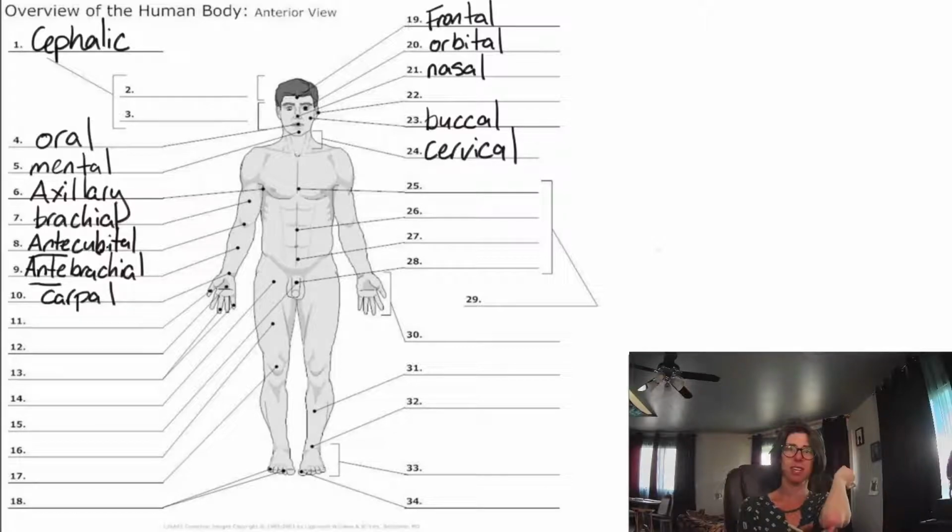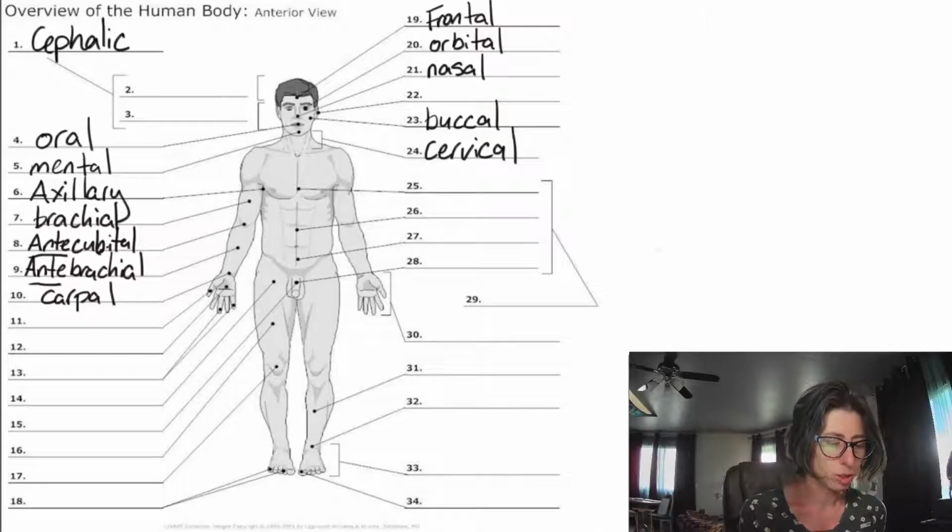And it's because the nerve got pinched in the elbow, and so you get this tingling pain in your hands and fingers all the time that makes it hard to use them. So cubital tunnel syndrome, carpal tunnel syndrome, brachial region, antebrachial region, cubital region, antecubital region. Let's move to the hands.